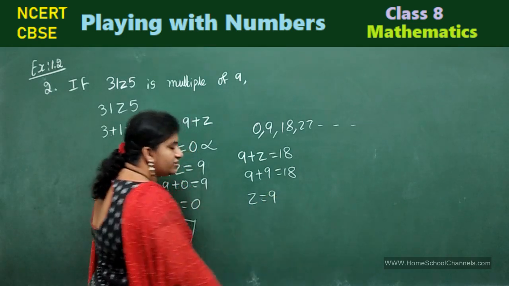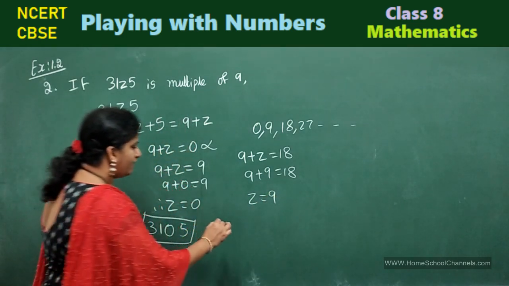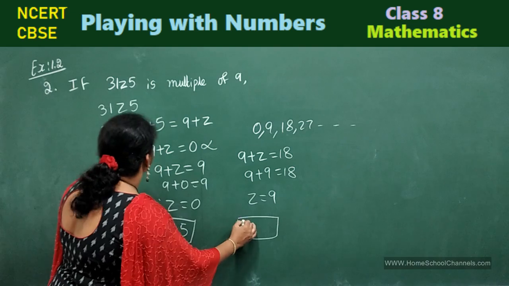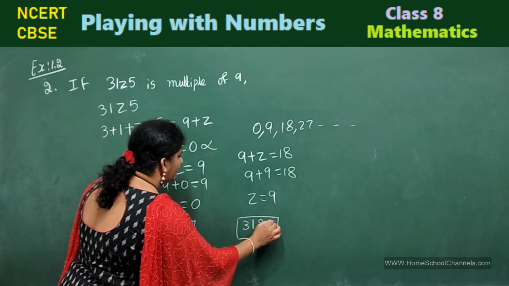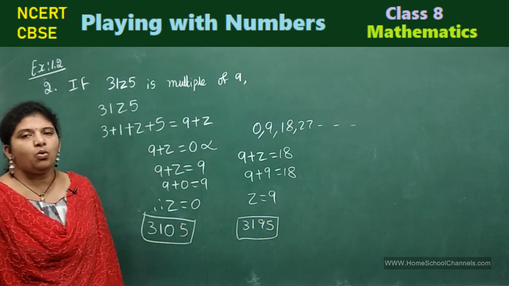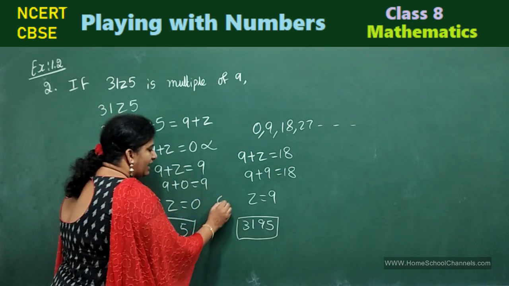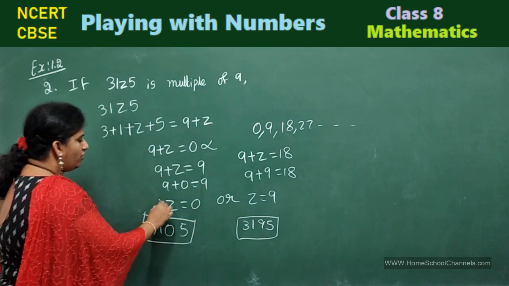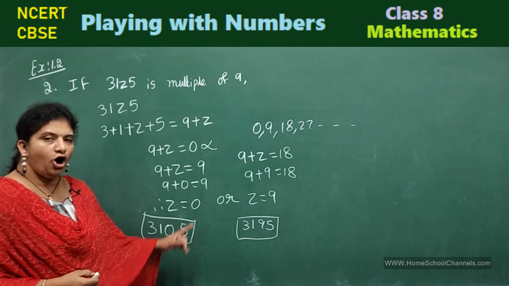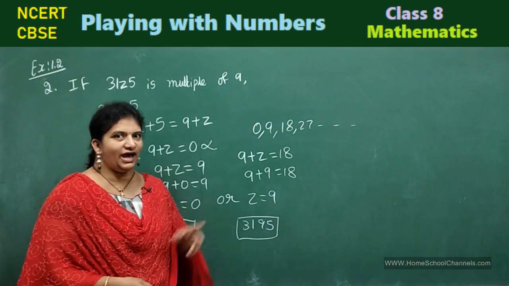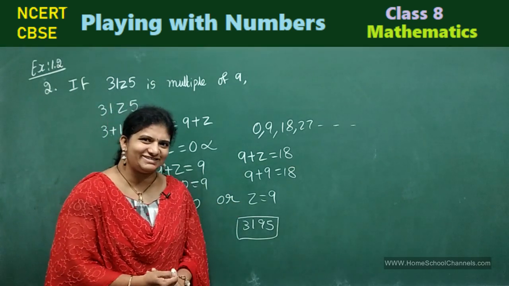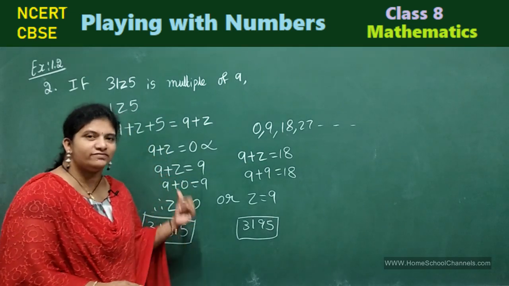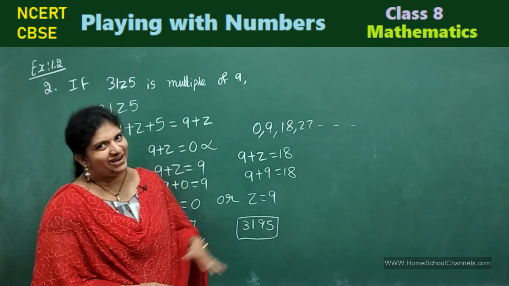Therefore, z is also equal to 9. Therefore, the 4-digit number is 3195. What is the value of z they asked? Therefore, z equals 0 or z equals 9. You have two chances. Therefore, the value of z is either 0 or 9.